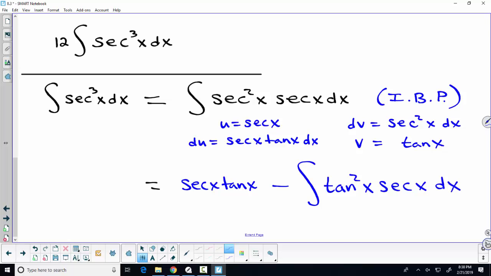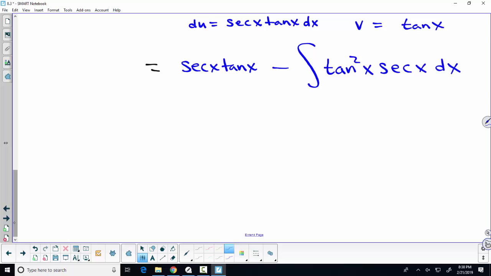Maybe after we do this, you might reevaluate whether you want to remember the reduction formulas. Okay, so this is where we're at. U substitution wouldn't work here, right?